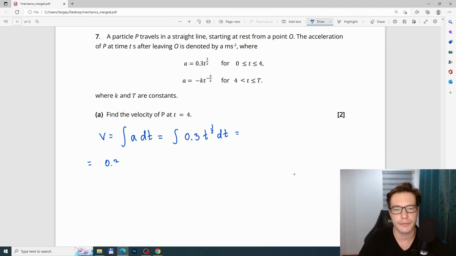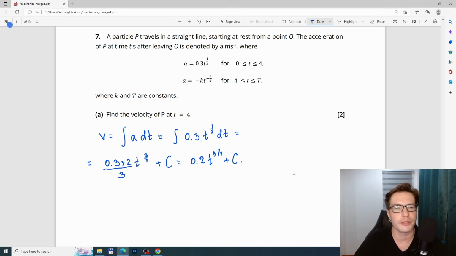So 0.3, increase the power by 1, so it's 3 over 2, and then divide by 3 over 2, which is the same as multiplying by the reciprocal. Then don't forget plus c. So all in all, we got 0.2 t to the power 3 over 2 plus c.